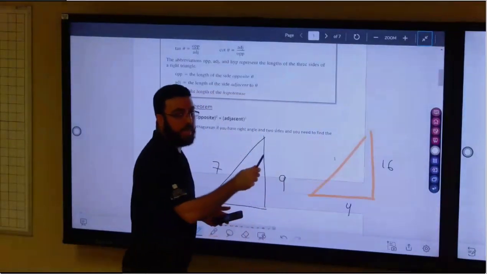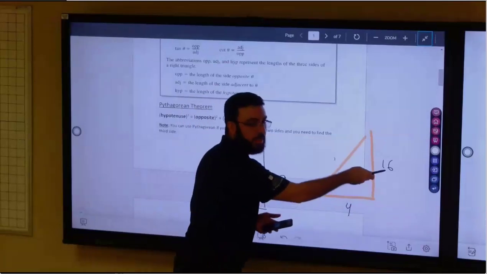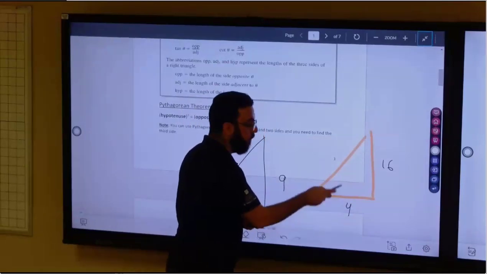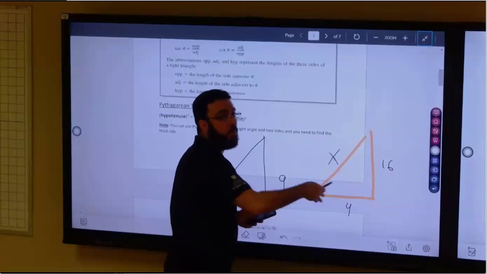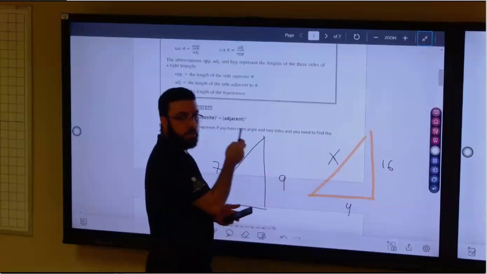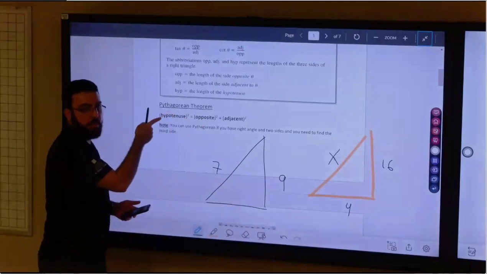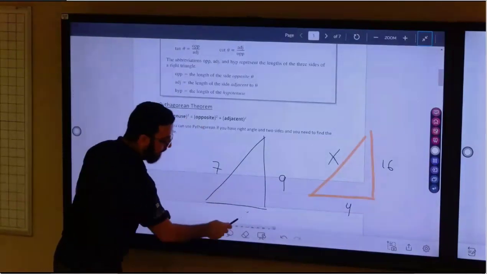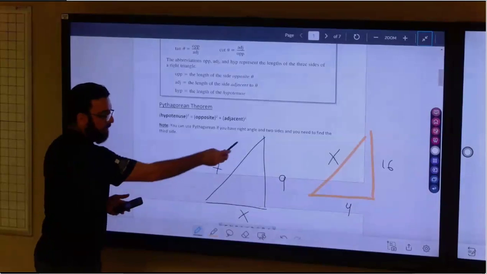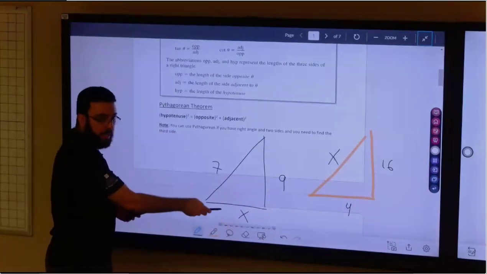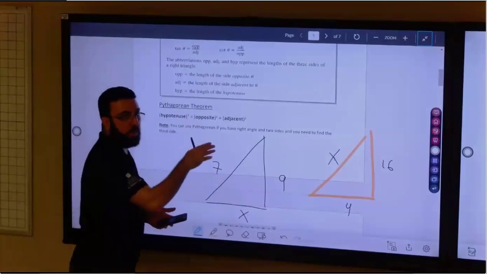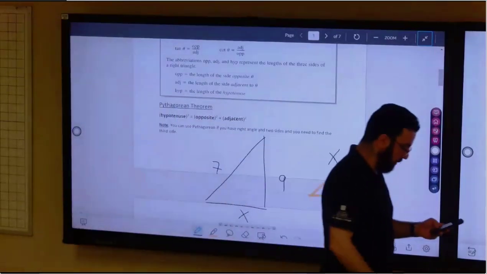I'm talking about like 16: if this side equals 16 and this side equals 4, and I say this is X, how am I going to find this side? By using the Pythagorean theorem. The same thing here: if I say this is X, I have this side and I have this side. Can I find the third side? Yes, also by using the theorem, but let's do an example.